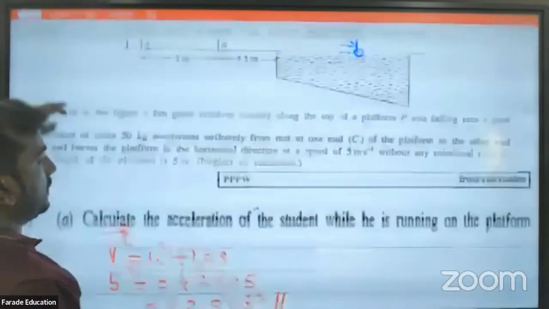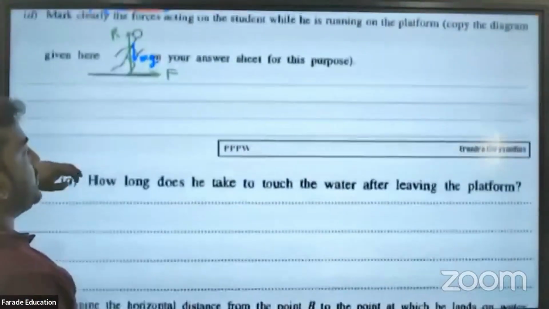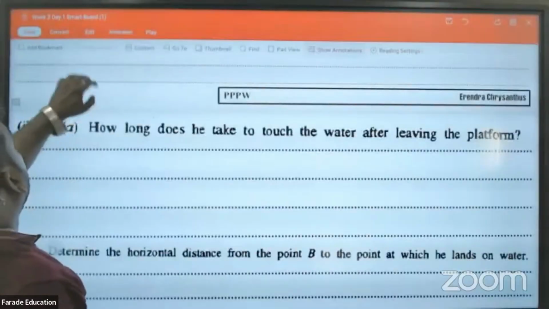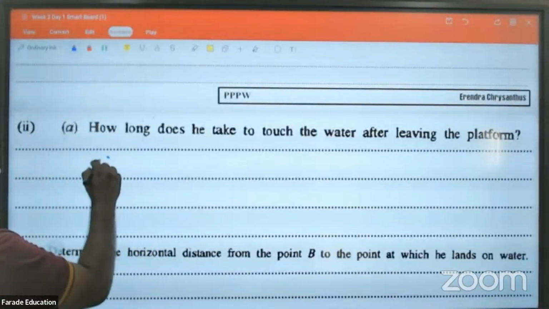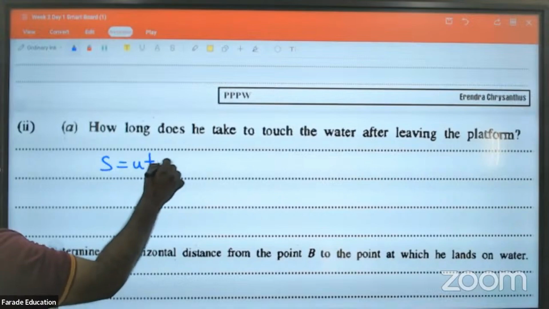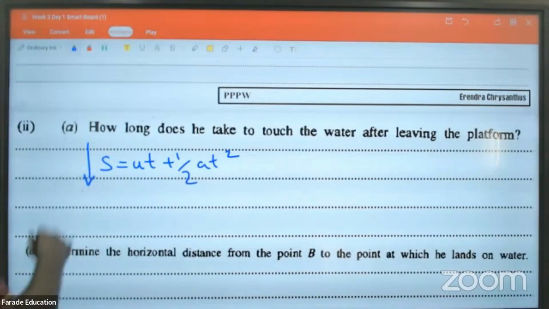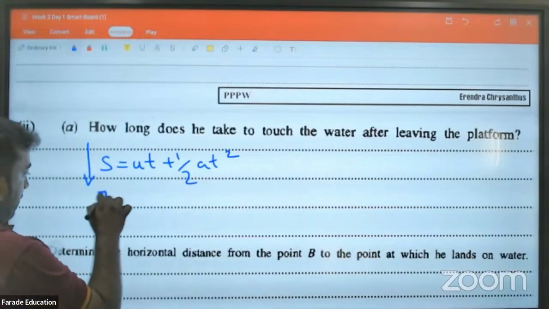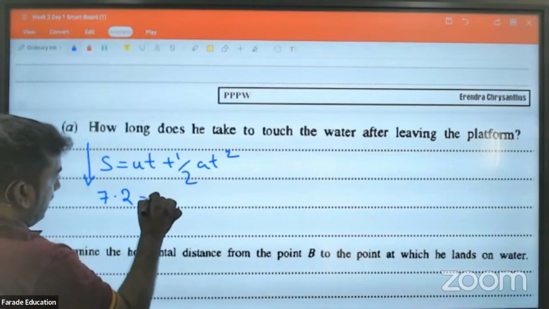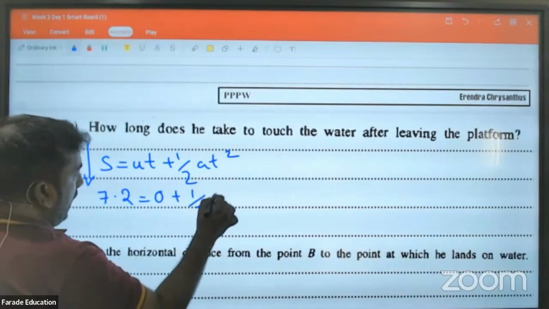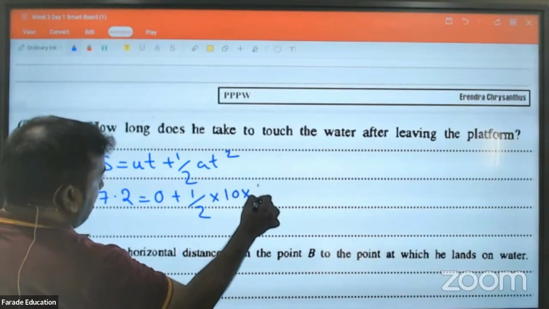Now, apply the equations carefully. s = ut + half at squared, vertically downwards. 7.2 meters, initial vertical velocity 0, and acceleration means gravity only.